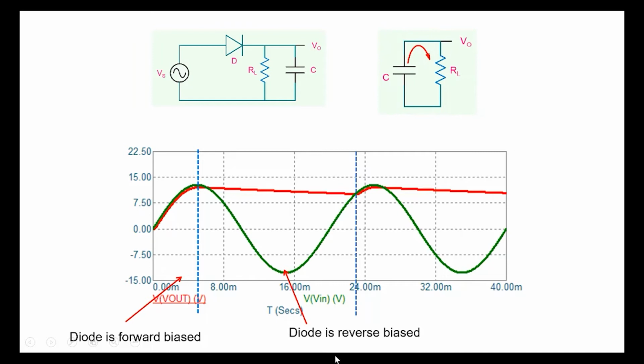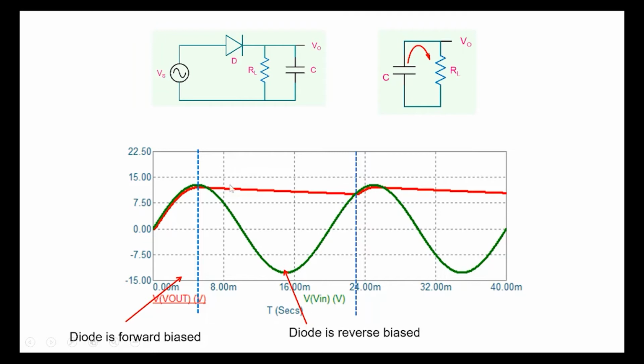Here the diode is forward biased. And then again in this small part here, once the input voltage goes above the output voltage, the diode becomes forward biased and starts conducting again.